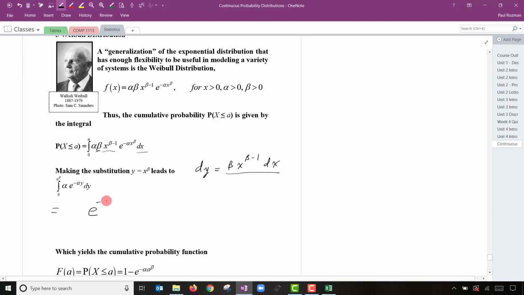I just guess it's probably e to the minus alpha y. But if I take the derivative of this thing, I get negative alpha. So I need to adjust it with a minus sign. And then fundamental theorem.